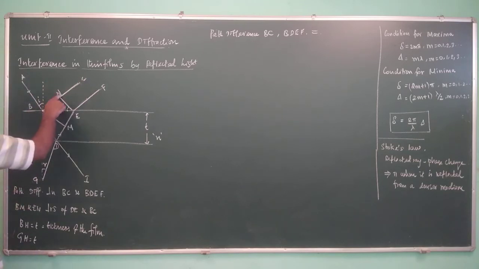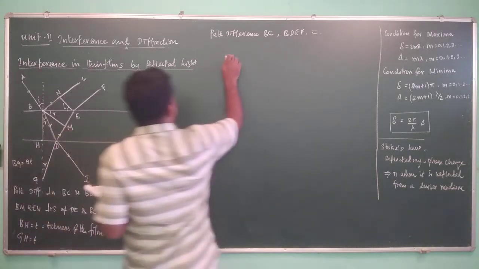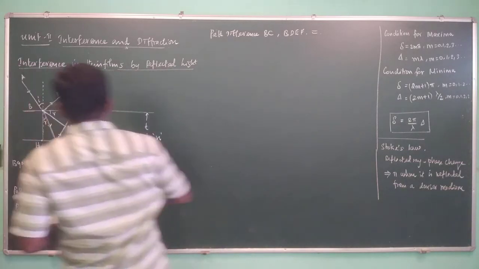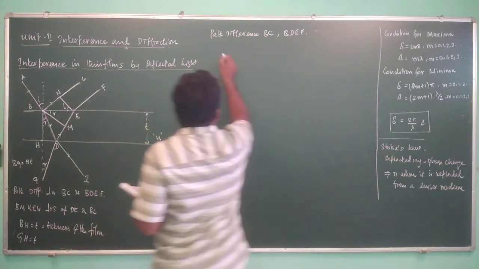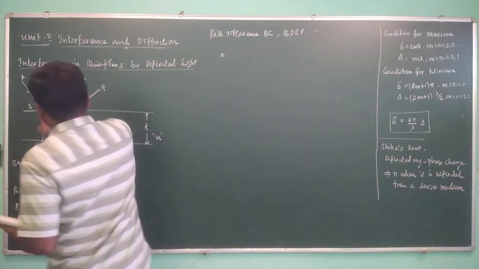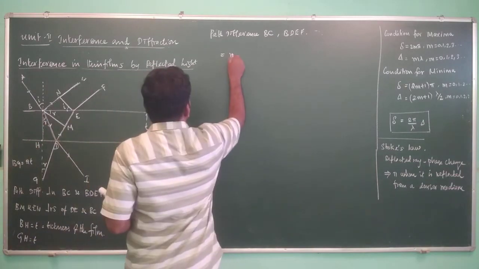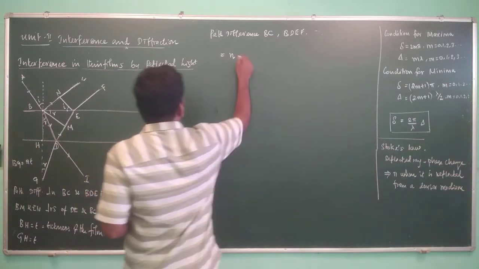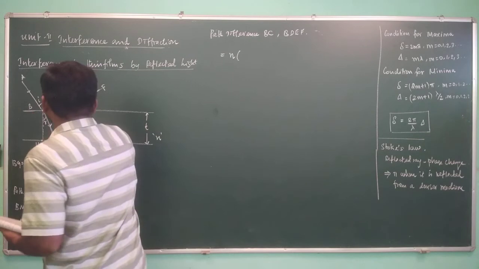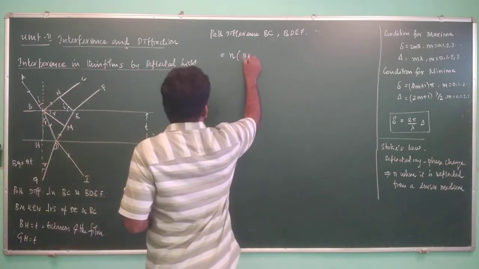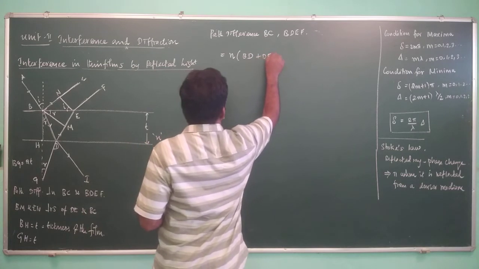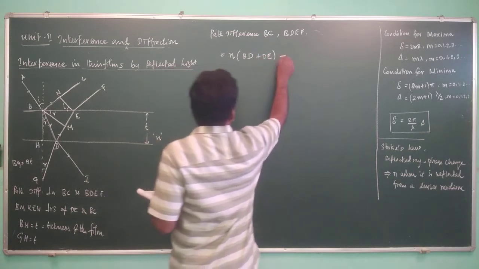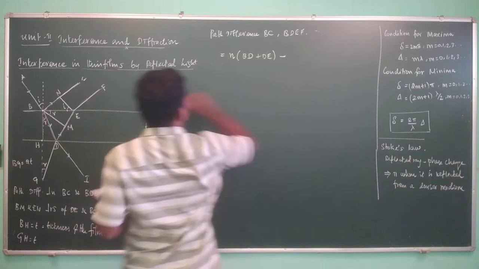So this length is BN and this path we have to calculate. First we have to calculate this path, which is nothing but the refractive index of the material multiplied by BD plus DE, minus this BN.